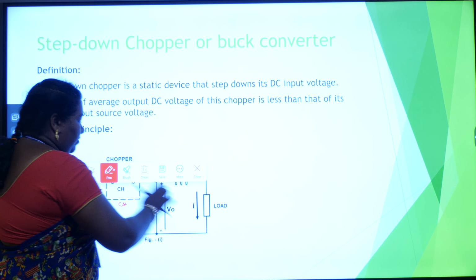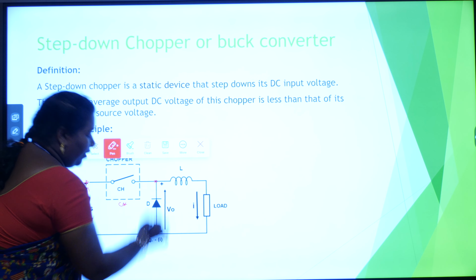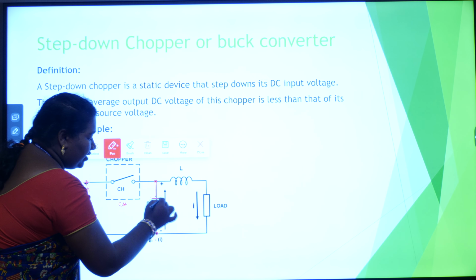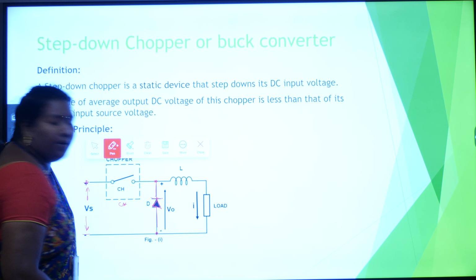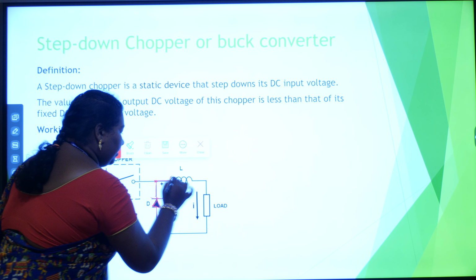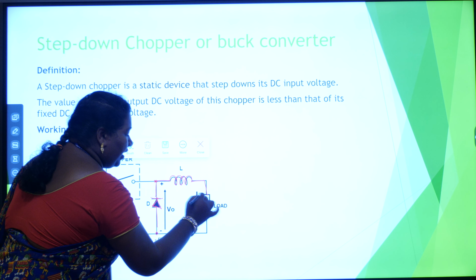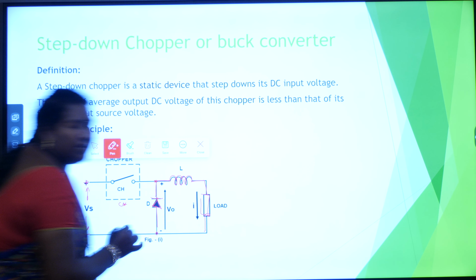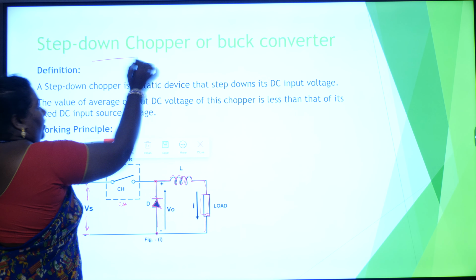Next, a freewheeling diode is connected between these two terminals. Next, an inductor is connected across the load. This is the basic circuit diagram for the step down chopper.